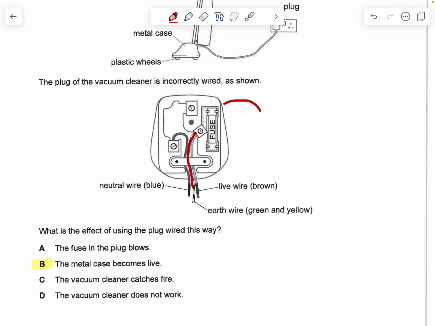So the current will enter the fuse and go into the live wire. No, sorry, not the live wire, but the earth wire. The earth wire is actually connected to the metal casing, and this causes the metal casing to become live.